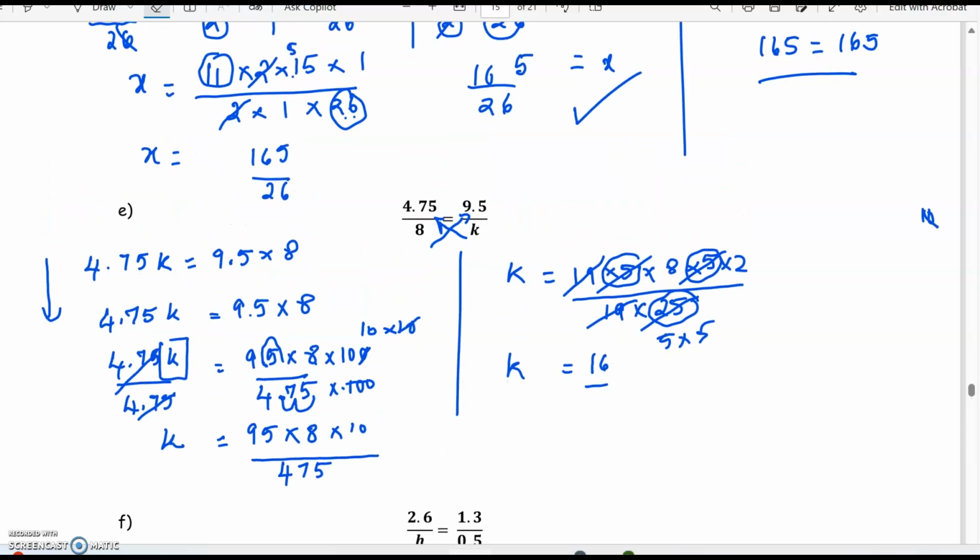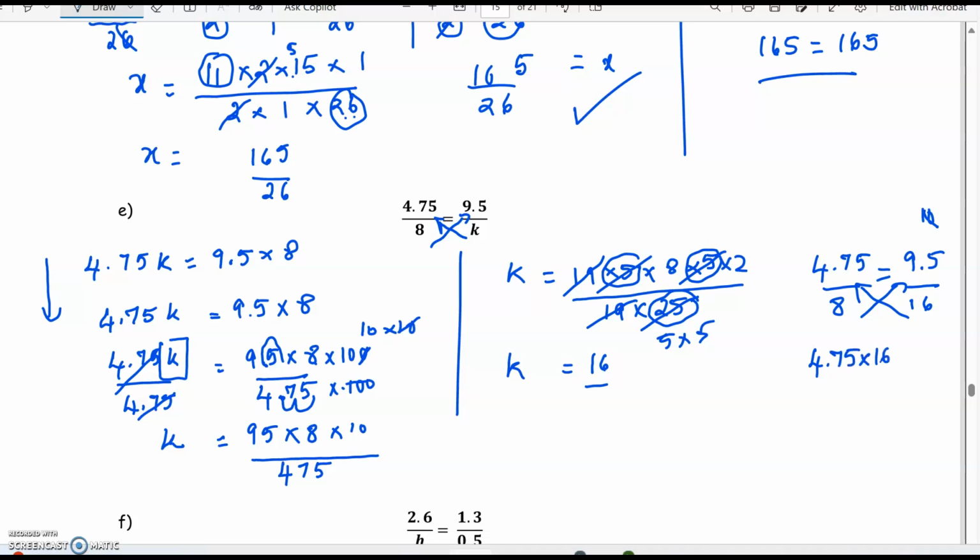So we have, let's see, 4.75 divided by 8 equals 9.5 divided by 16. We cross multiply. So 4.75 times 16, is it equal to 9.5 times 8?